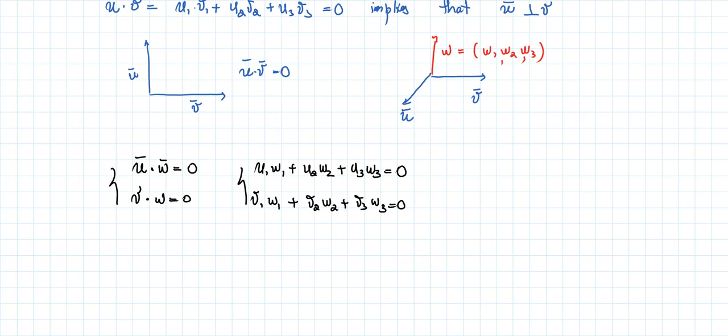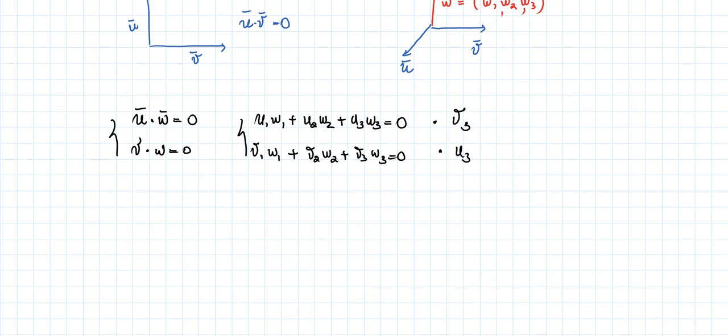In order to simplify this, let us multiply the first equation by V3, and the second equation by U3. So let's multiply all three terms of the first equation by V3, and all three terms of the second equation by U3, and subtract them.